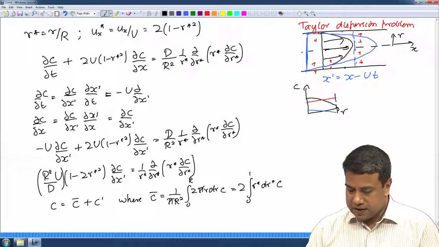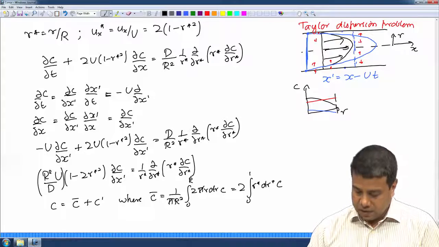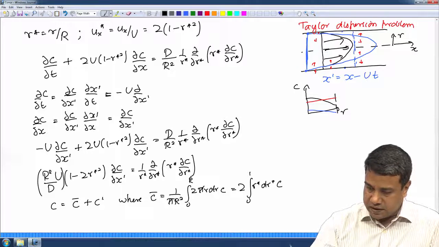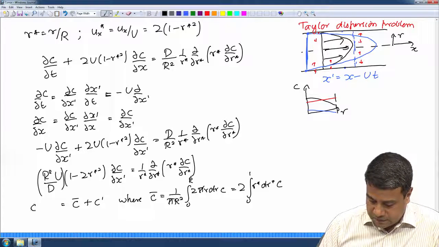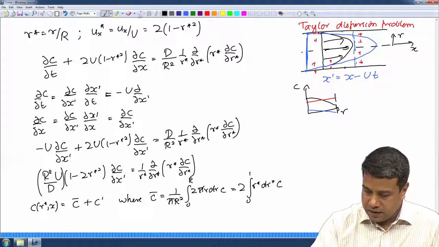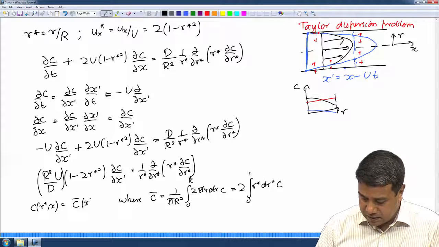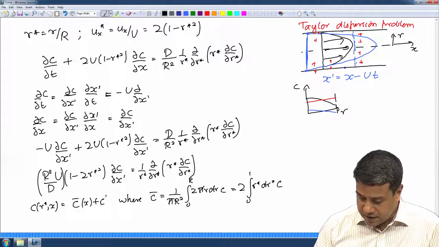So, what that implies is that this average concentration is only a function of x. The original concentration was a function of r and x. This average concentration is only a function of x, and therefore, I have this additional part which is a function of r and x.